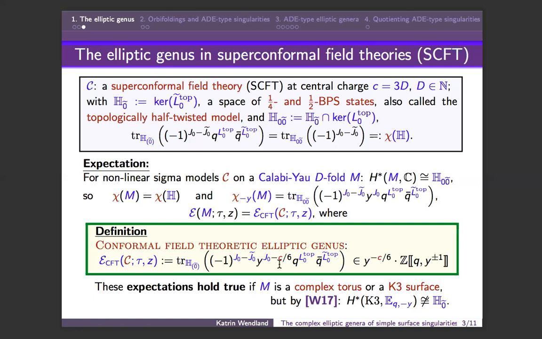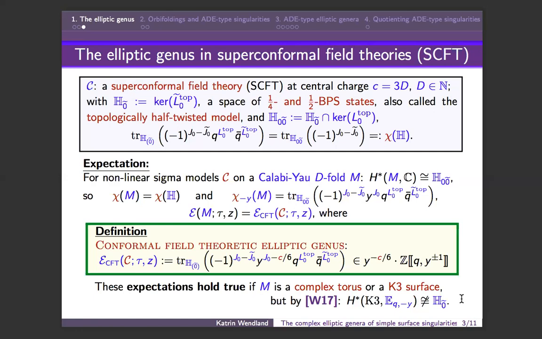And given that I'm telling you that this is an equality that we should expect to hold, it's very tempting to identify the topologically half-twisted model with the cohomology, which underlies our geometric definition of the complex elliptic genus. That was built on this virtual bundle that I introduced. So to expect this space to agree with that space is something very natural.